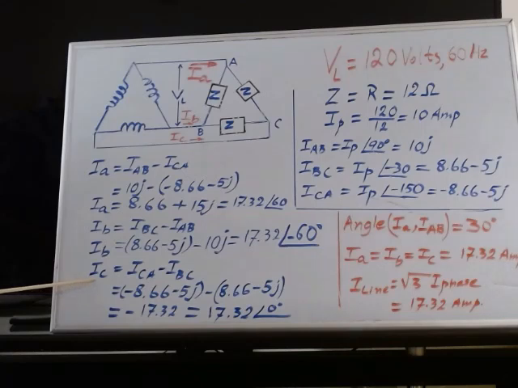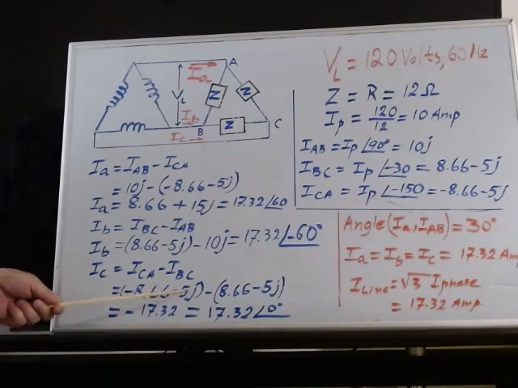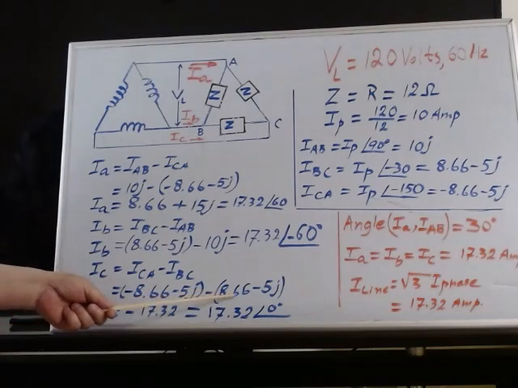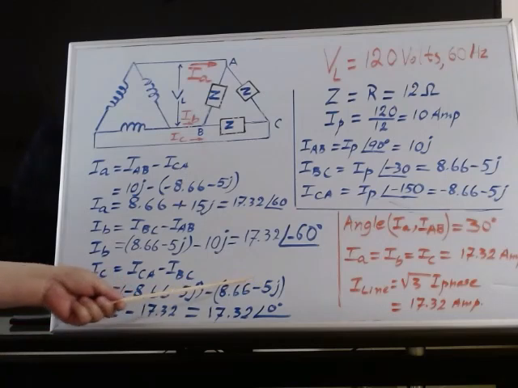Finally, the line current IC is equal to the phase current ICA minus the phase current IBC. Substituting ICA and IBC by the values, which is minus 8.66 minus 5J minus (8.66 minus 5J).